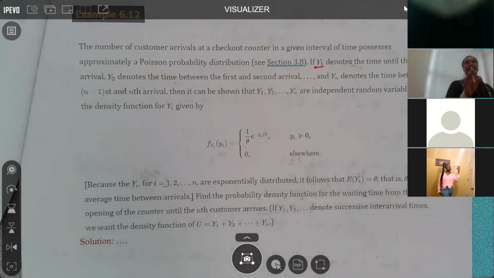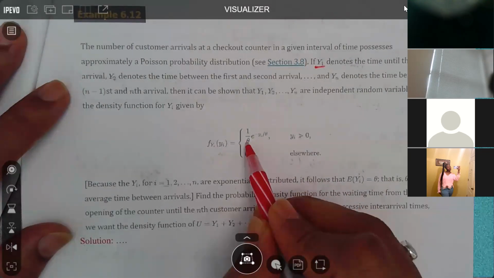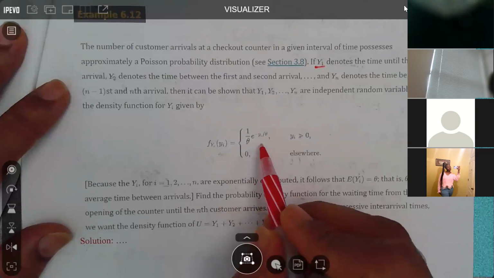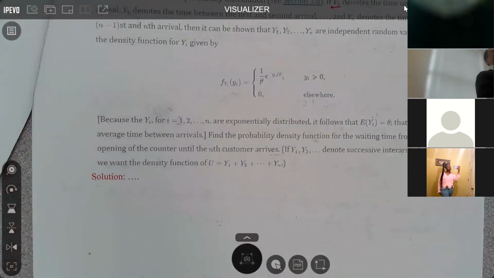It's required, since we are doing this. So this is the exponential distribution function, right? And it has a parameter theta here. Now we know the moment generating function for the exponential.